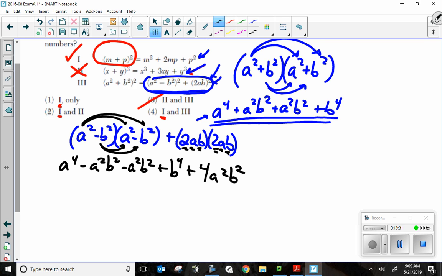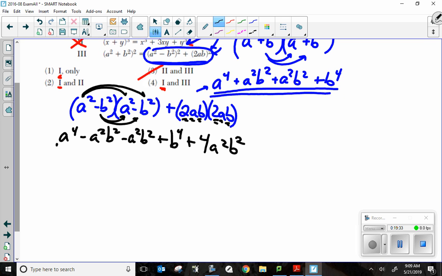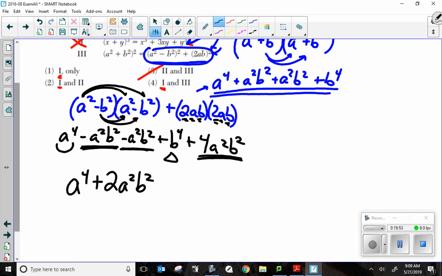All right, so let's combine like terms. I have a to the 4th. Okay, let's look at my a squareds, b squareds. I have 4a squared b squared minus 1a squared b squared minus another 1a squared b squared. So 4 minus 1 minus 1 is plus 2a squared b squared. And now I have this, plus b to the 4th.